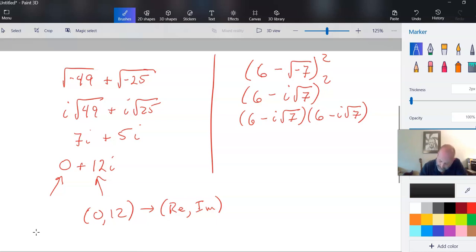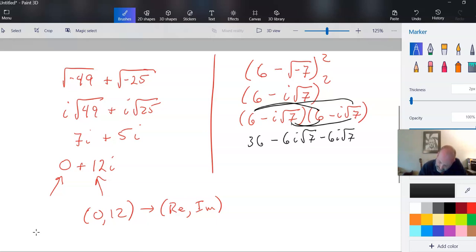So we'll just go ahead and do that. 6 times 6 is 36. 6 times negative i root 7 would be minus 6i root 7. And then let's see here. That's those two. Now we got this one. That's another minus 6i root 7.